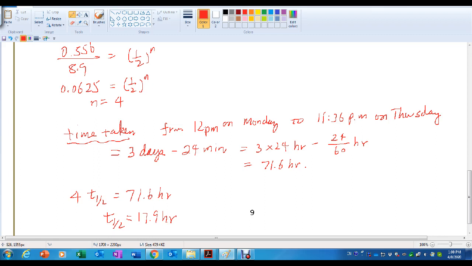Because for 3 days you are going from 12 p.m. on Monday to 12 p.m. on Thursday, right? But it's not exactly 12 p.m. on Thursday, it's 24 minutes earlier than that, so you need to take away 24 minutes.